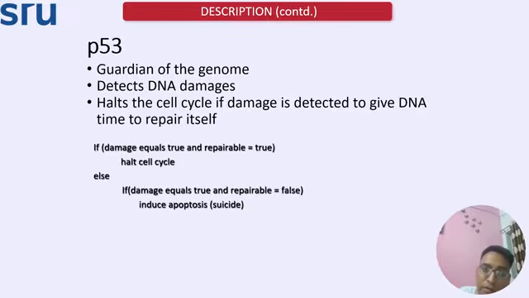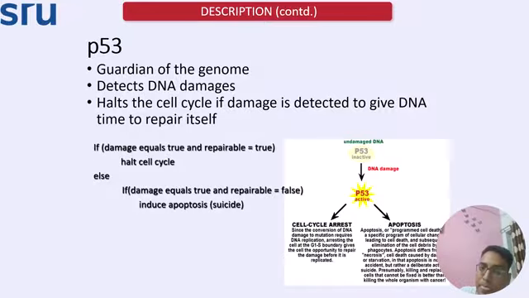But if damage is true and it's not repairable, repairable is false, it induces apoptosis, the complete cellular suicide. The same part which goes on here can be represented as a program, by putting in the required characteristics. Exactly the same thing works out in different conditions.